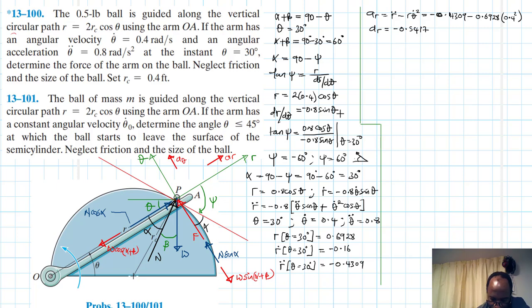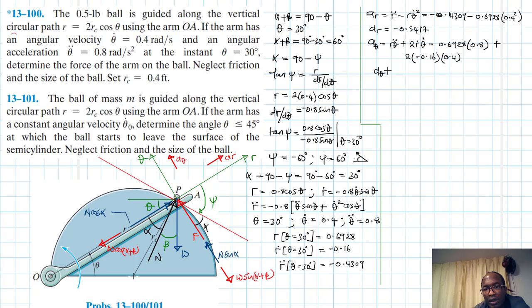squared, which gives 0.5417. And then we do have a theta, which is just r theta double dot plus 2 r dot theta dot. This is equal to our r, which is 0.6928, our theta double dot, which is 0.8, plus 2 times r dot, which is minus 0.16, by theta dot, which is 0.4.